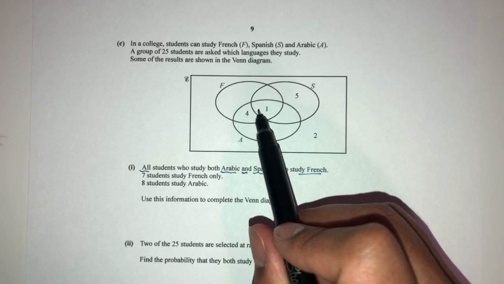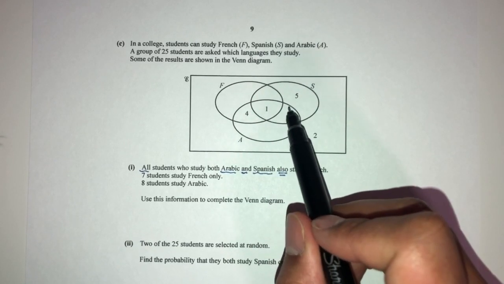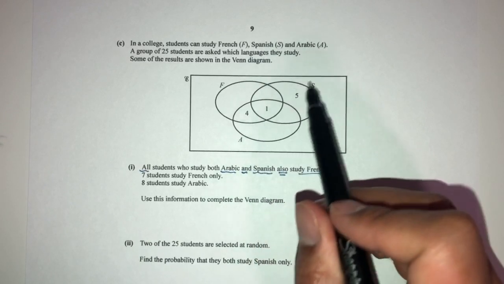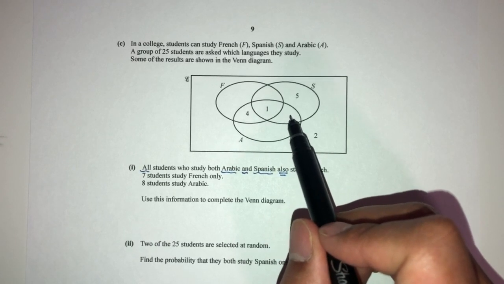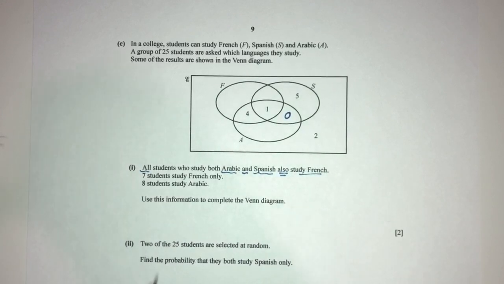So anyone in this set has to be right here, because we cannot have someone studying Arabic and Spanish but not French. It's not possible. So everyone who studies these two has to be here. So this will have to be 0 according to that information, right?